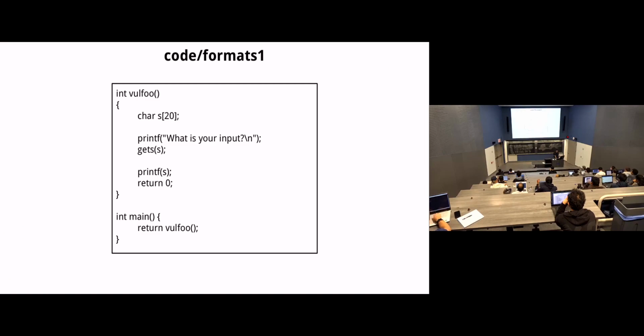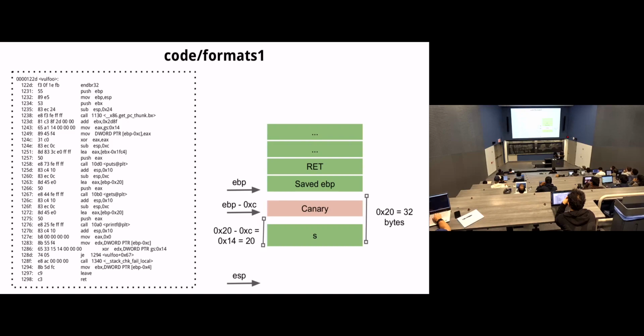Does that make sense? Okay, let's look at the disassembly of this one and try to make some sense out of this crazy stuff. On the left-hand side, I have the disassembly code of that. Did I call it Valfu? Oh yeah, the Valfu. On the right-hand side, we have the stack.